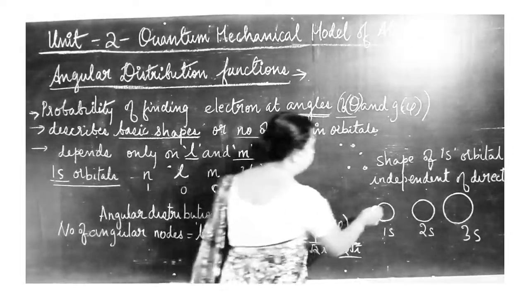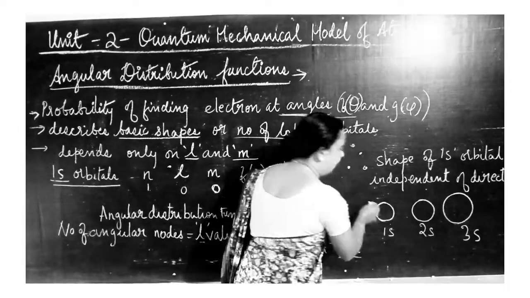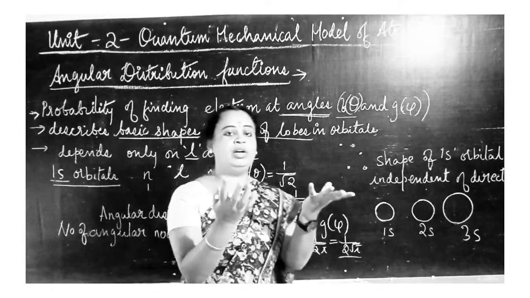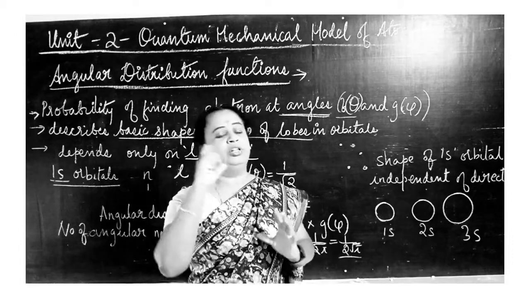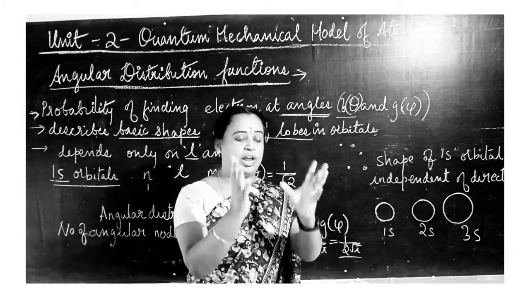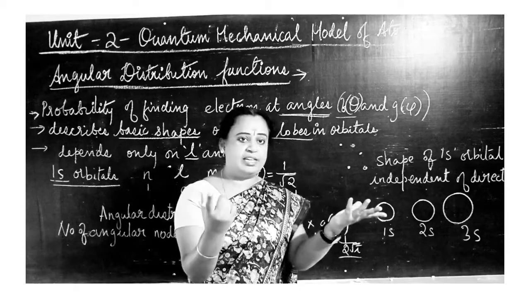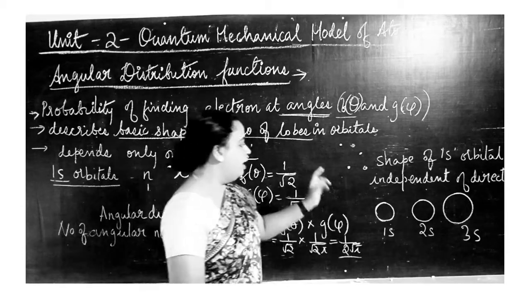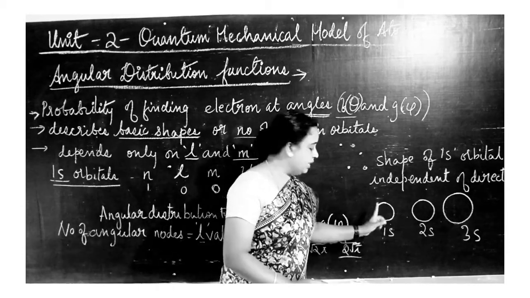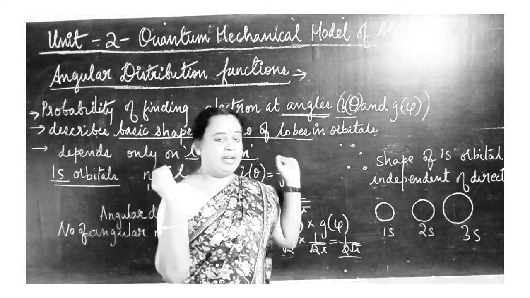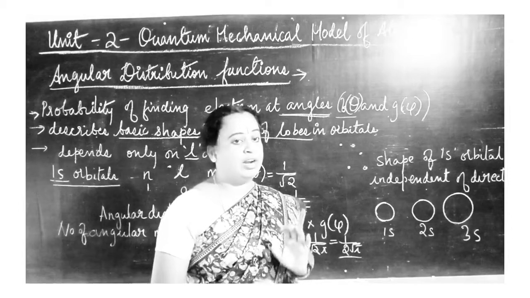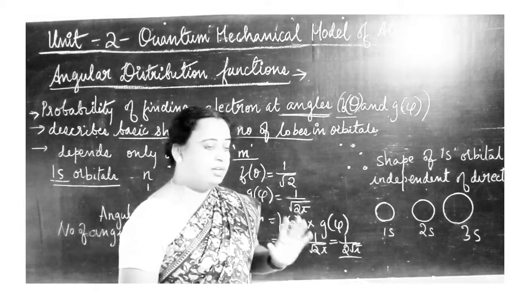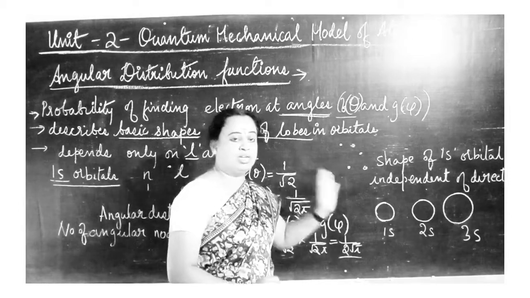For example, if you take a football and hold it and look at it, is there any direction for the ball? No. In any direction you look at the ball, you find the same, right? Similarly here, around the nucleus in the 1s orbital, from any direction you can find the maximum probability of finding the electron.